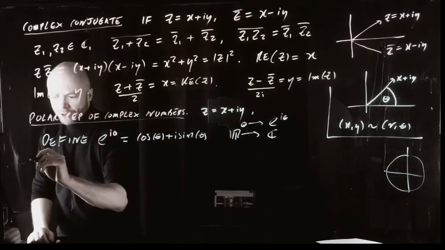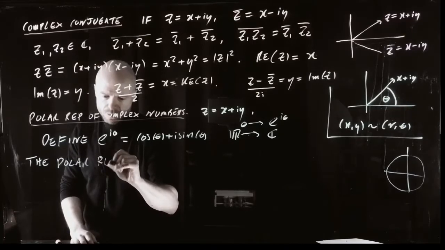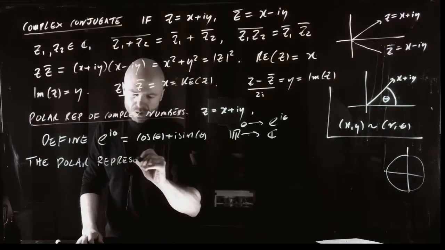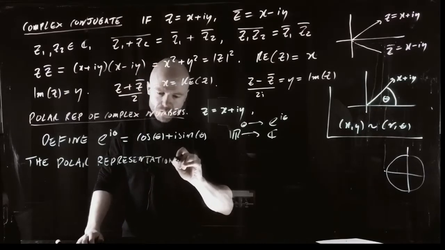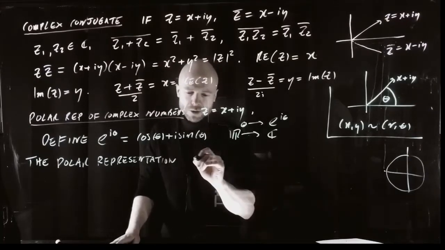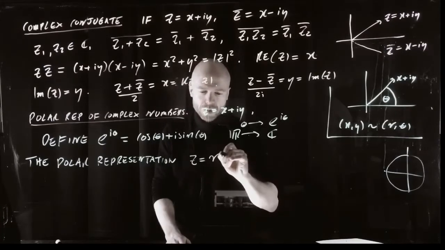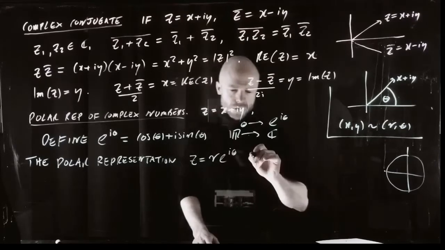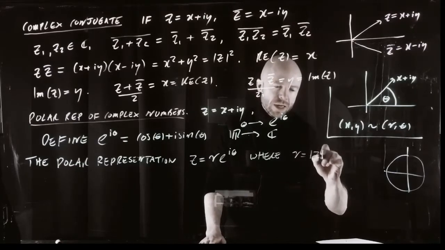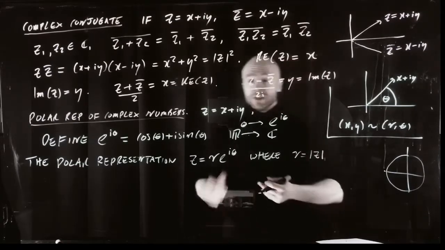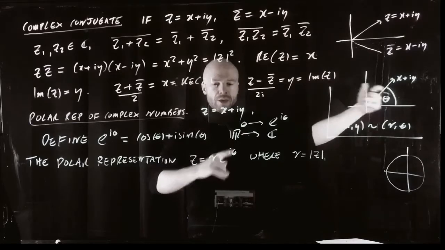And the polar representation is where we write z is equal to r e to the i theta, where r is the absolute value of z, and theta is the angle that produces this thing, which is defined up to 2 pi k, where k is any integer.